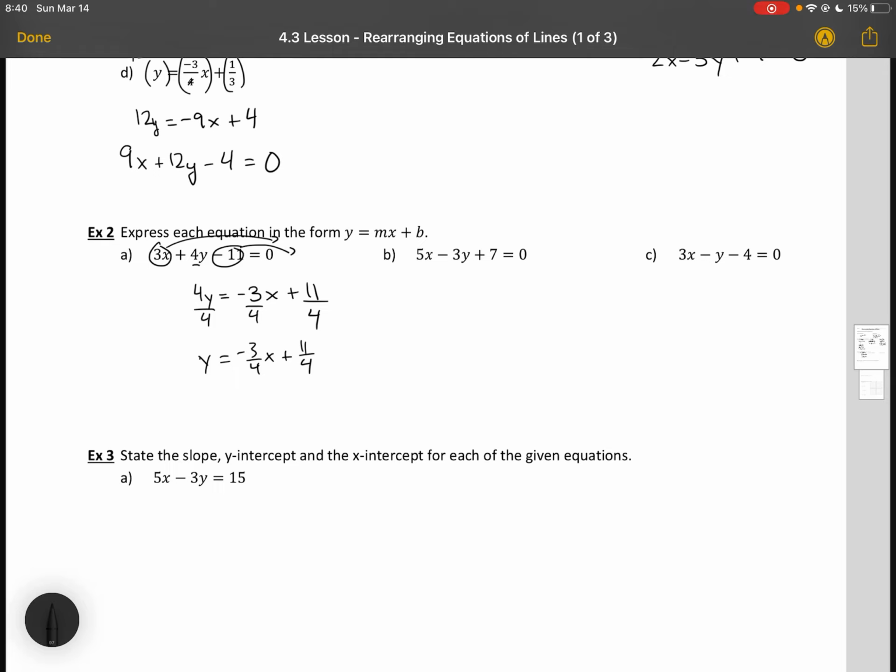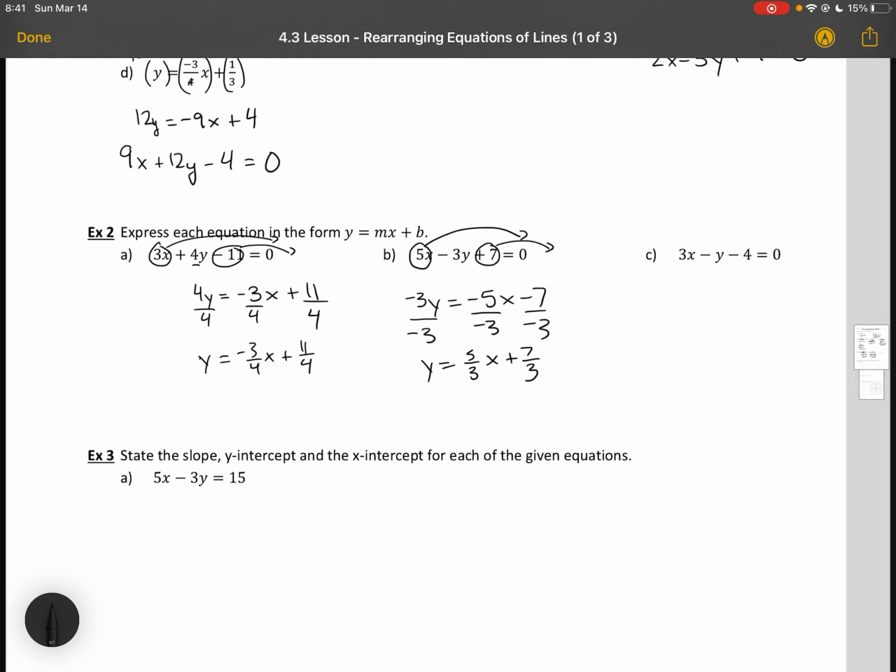Let's try the next one. So just like before, I'm going to move my x and my 7 over, leaves me with minus 3y equals minus 5x minus 7. And then I'm going to divide by the number in front of the y. And then I'm going to simplify. So I still have fractions on the right-hand side. That's okay.